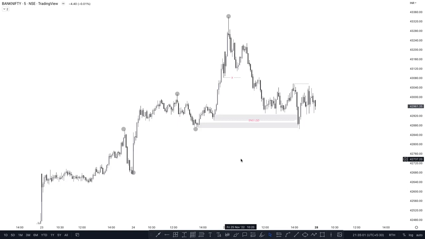Okay, US30, Ethereum, natural gas, US30, GPY. Okay.